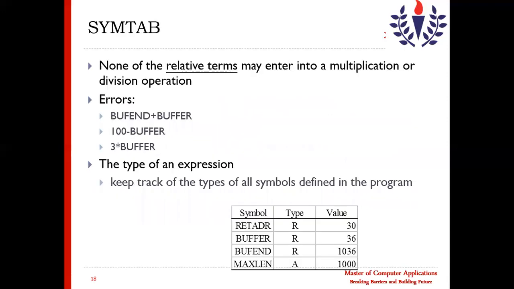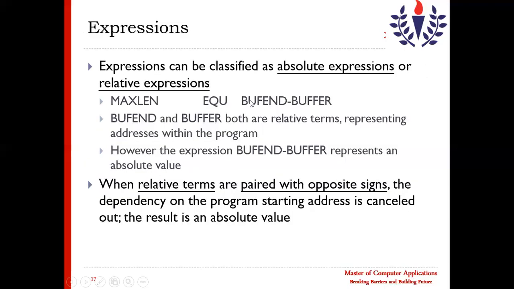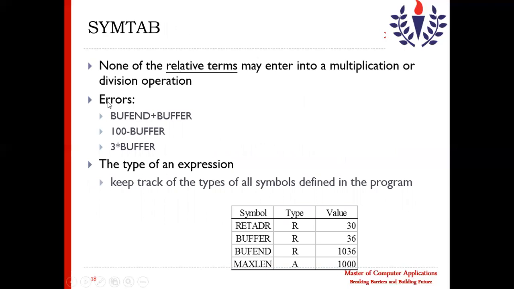Now the next topic is the symbol table. None of the relative terms may enter into multiplication or division operations. If we see, these two are relative terms, so we can't apply multiplication and division to them.